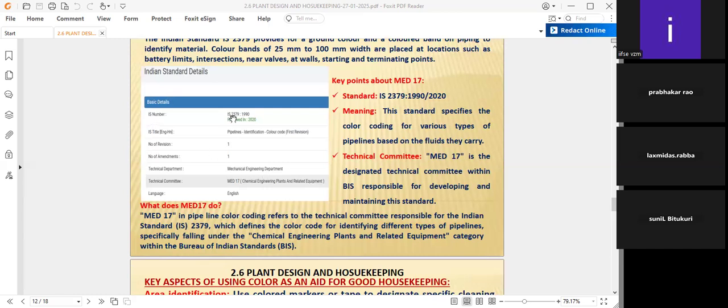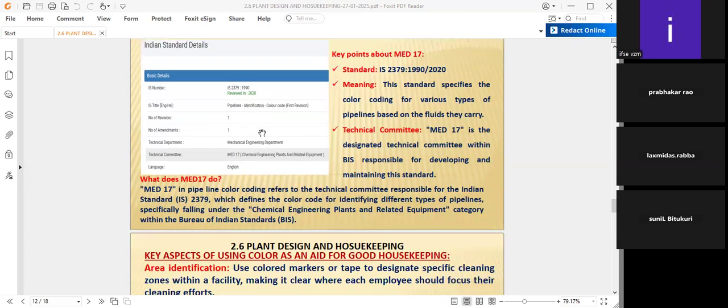The standard is IS 2379:1990, revised in 2020. The title is Pipelines Identification Color Code, First Revision. This is the updated one, 2020.